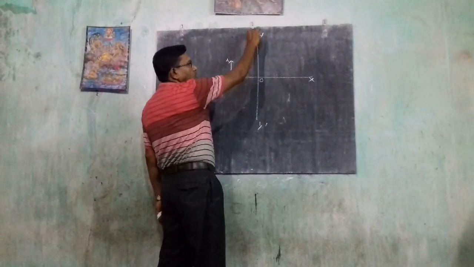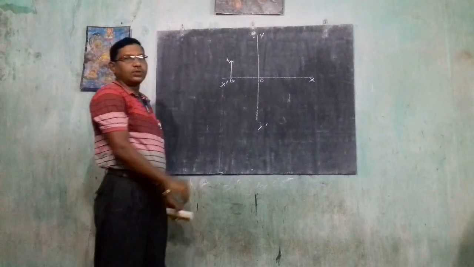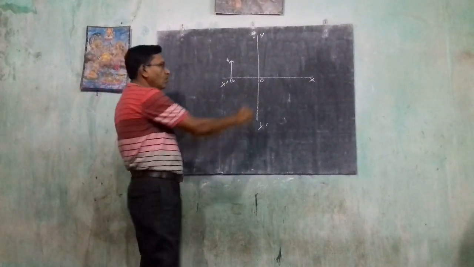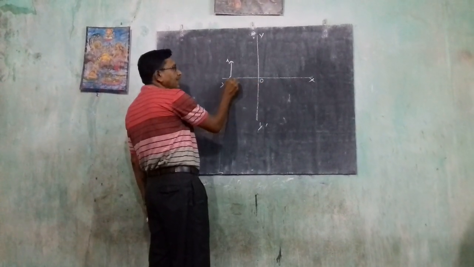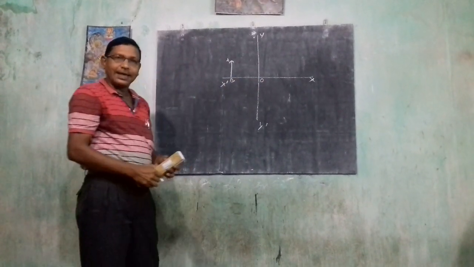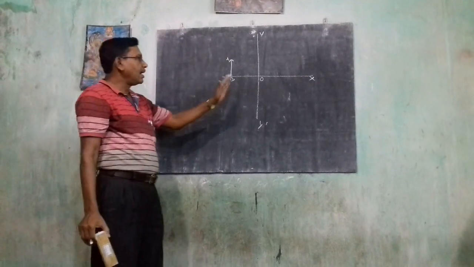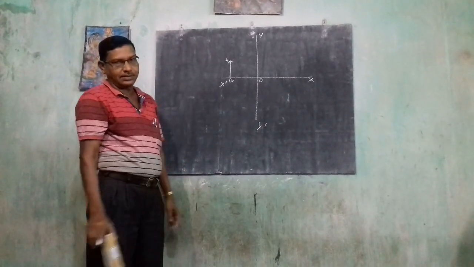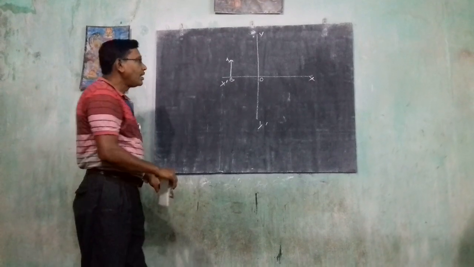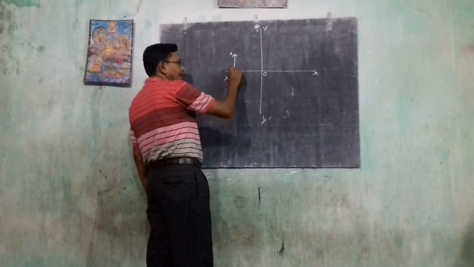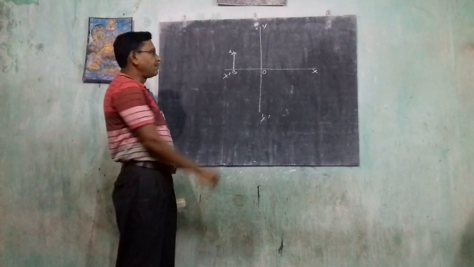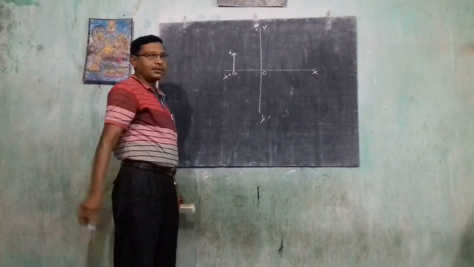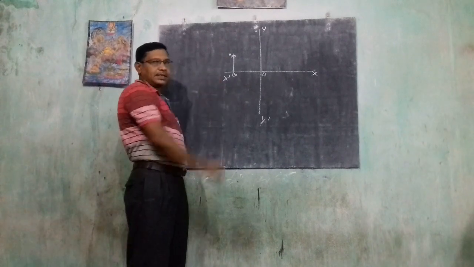O to y, the upper portion, is positive and the lower portion is negative. So objects are always placed on the negative side, the left side of the x dash axis. When the object stands upright, its height is always positive.